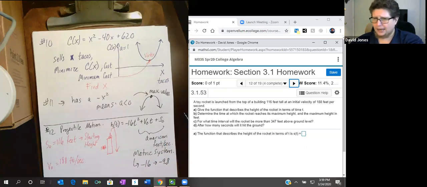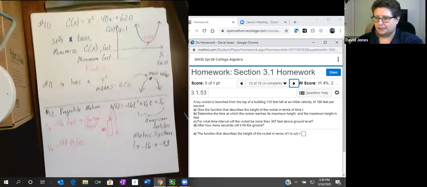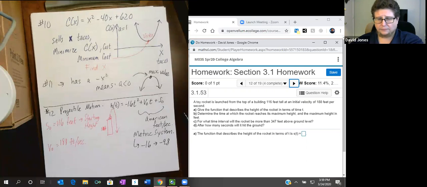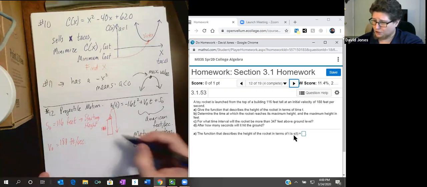So part A, give the function that describes the height of the rocket in terms of time t. They use S of t. I don't like it. H of t is much more descriptive. It tells you H is for height and it makes more sense. We're just being asked to plug this information in.